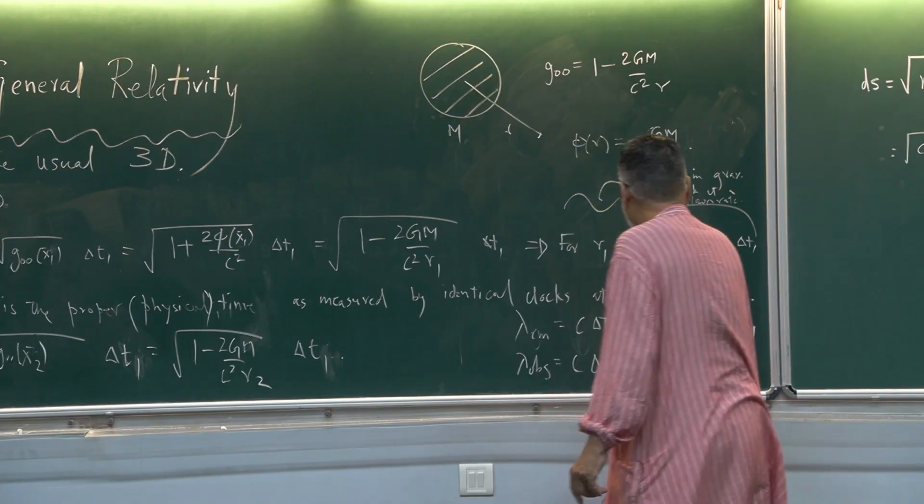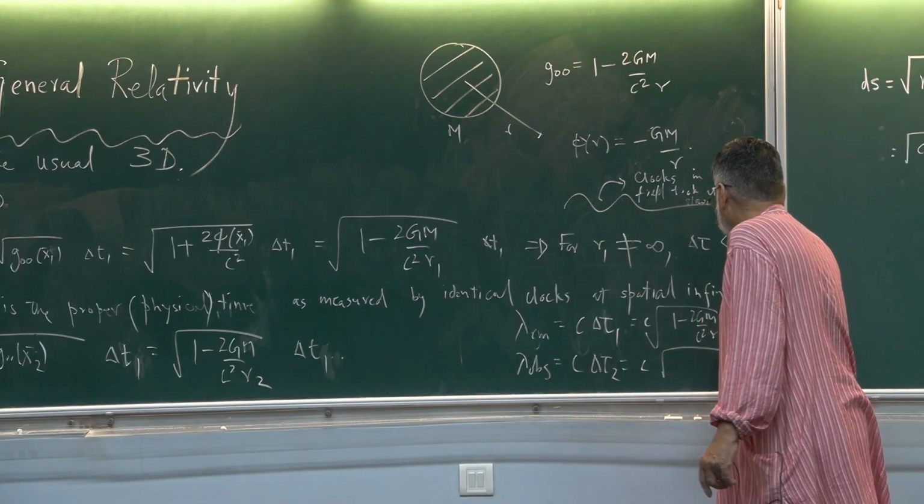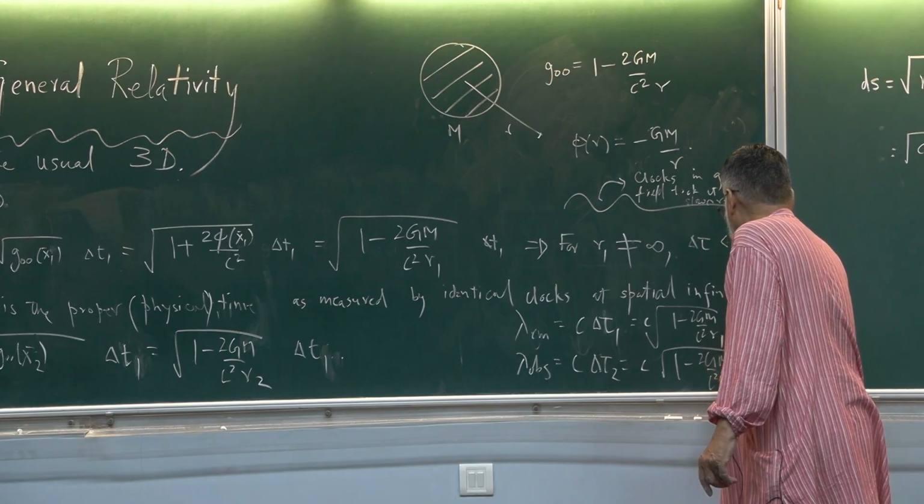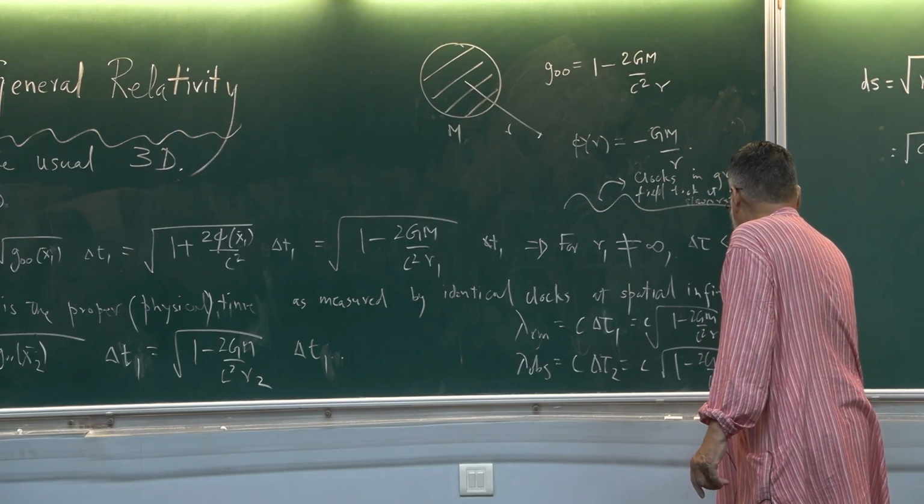So c times square root of 1 minus 2GM by c square r2 times delta t1.